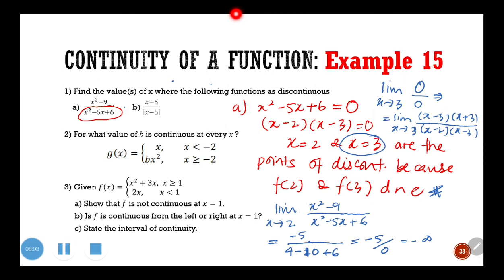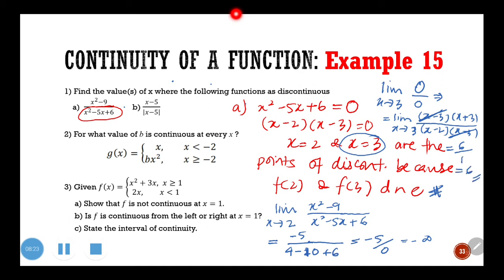Then you can see we can cancel x minus 3 and x minus 3. So in this case, if you substitute 3, what will you get? 3 plus 3 on top, you will get 6, and then 3 minus 2, you get 1.